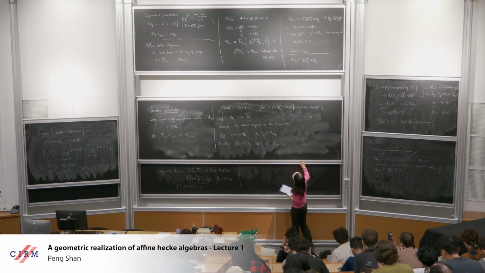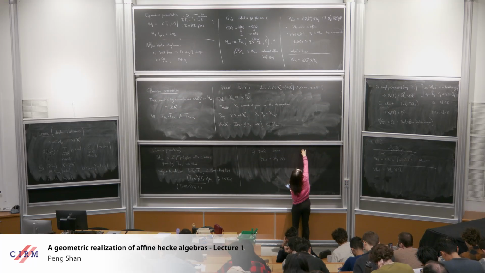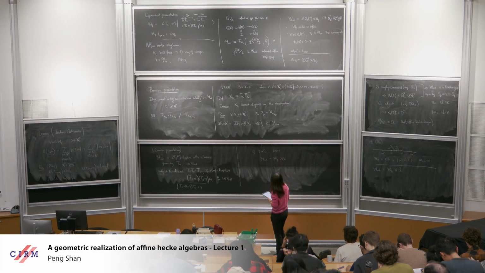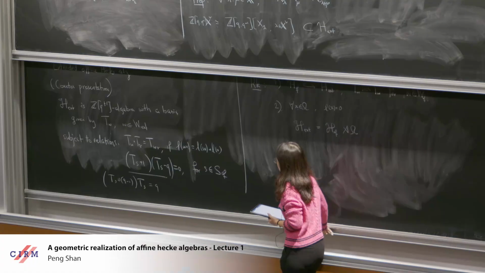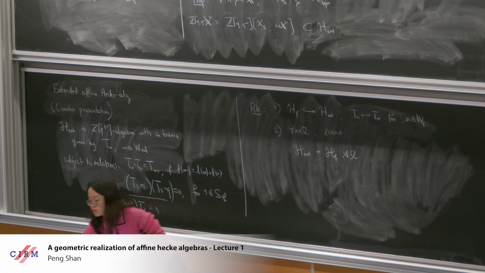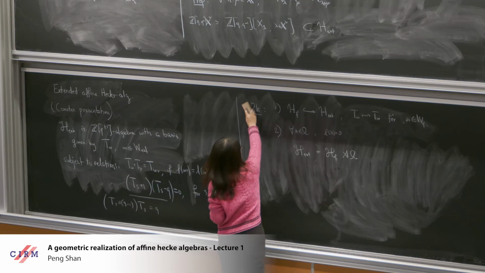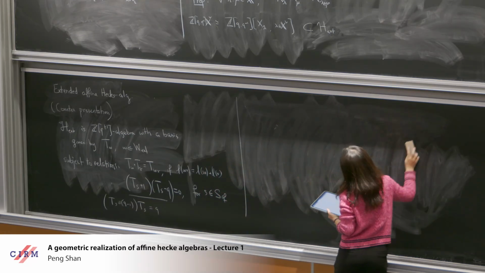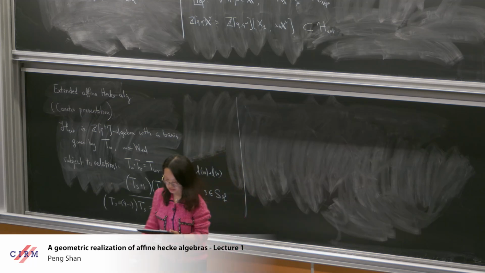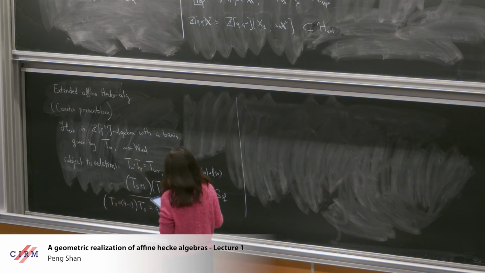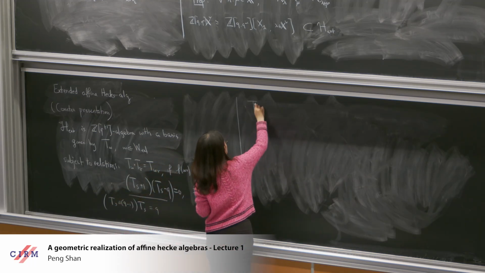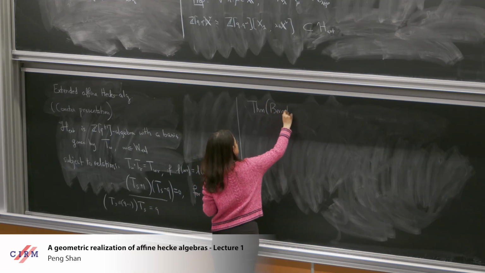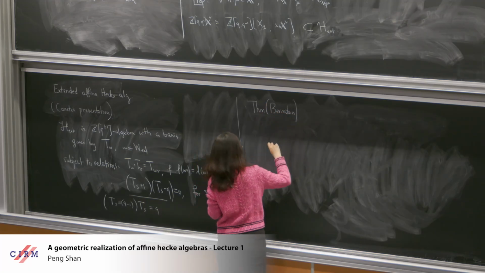Okay, so this is nice. Using these elements, we can give another presentation for the affine Hecke algebra. This is due to Bernstein.